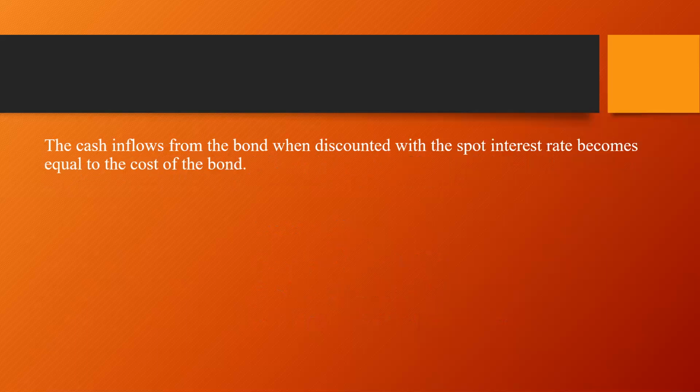So the cash inflow from the bond when discounted with the spot interest rate becomes equal to the cost of the bond. It's a bit difficult to understand the sentence. Let's look into an example. 1,000 is the future value. When we discount it with the spot interest rate that we calculated, the required rate of return of 14%, we get the present value at which the security is now available in the market, that is 519.37.